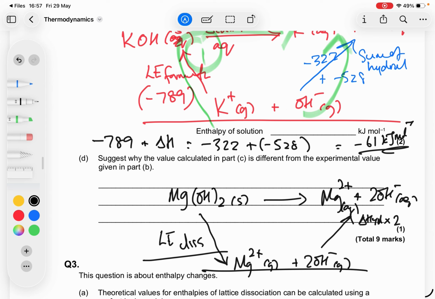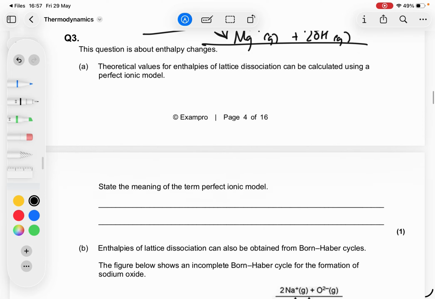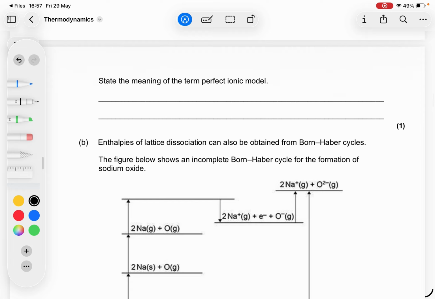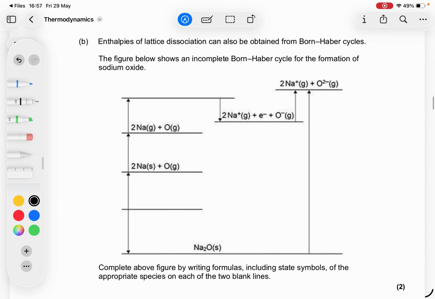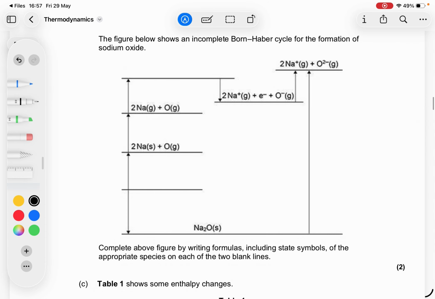Okay? And the last thing here now is Born-Haber cycle. Now with Born-Haber cycle, I want you to look at something. Well, actually, there's a 6 marker which is coming up I want to look at. Now, Born-Haber cycle looks like what's on the board there in front of you. Now, they very rarely ask you to draw a Born-Haber cycle from scratch.